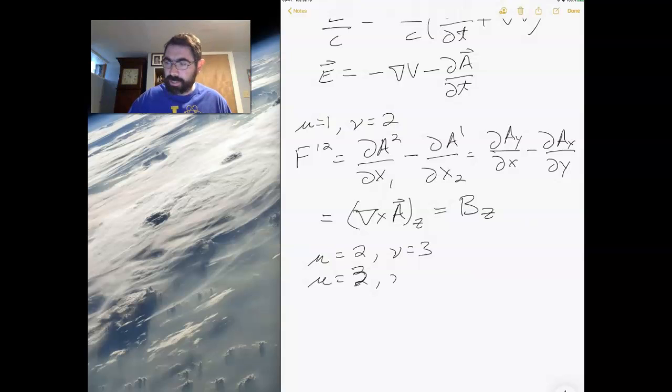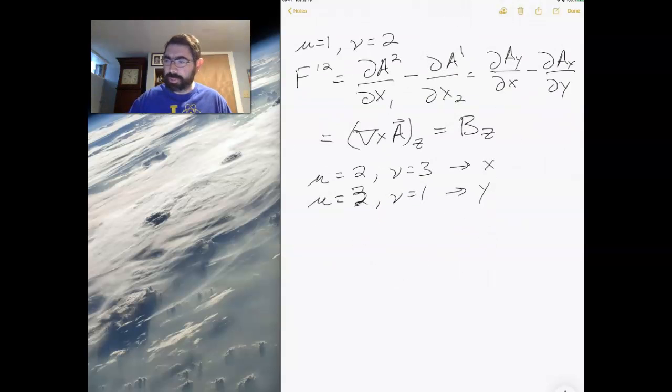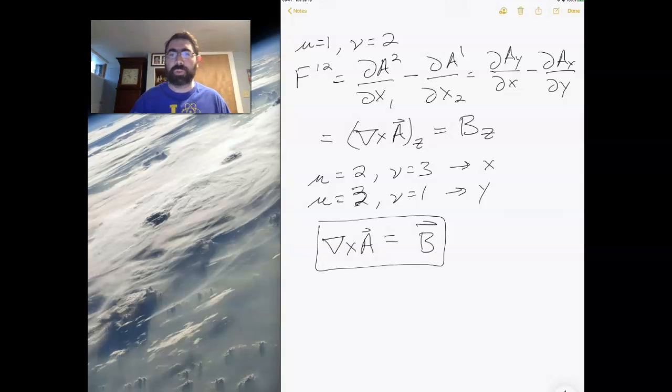So in the end, if I include now mu 2, nu 3, and mu 3, nu 1, that gives us the x and y magnetic fields. So in the end, what you get is the curl of A is equal to the magnetic field, which is the other equation we used for potentials.